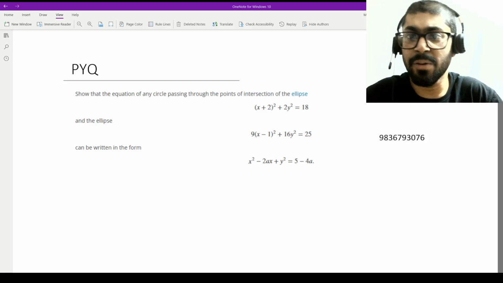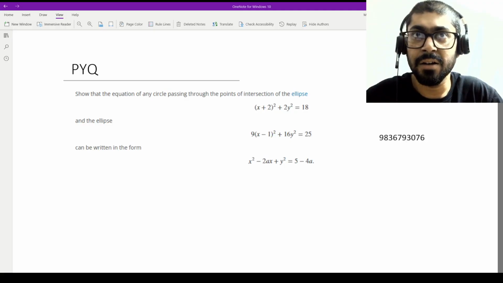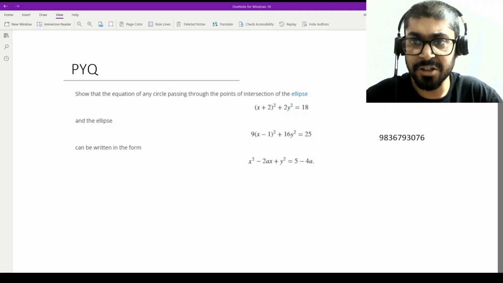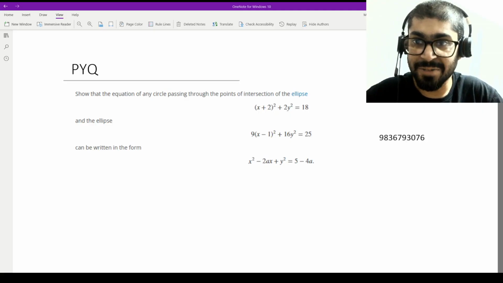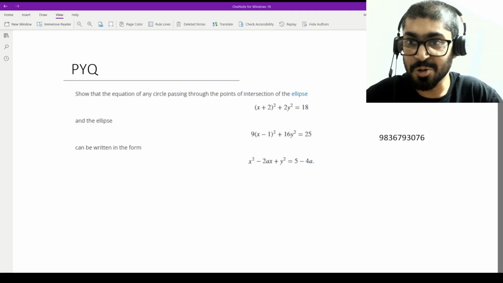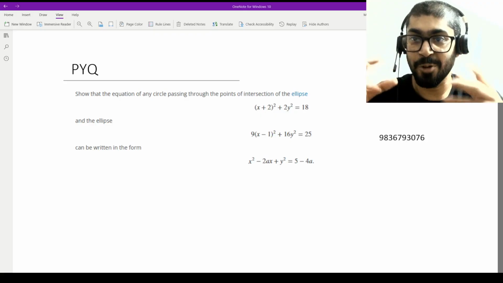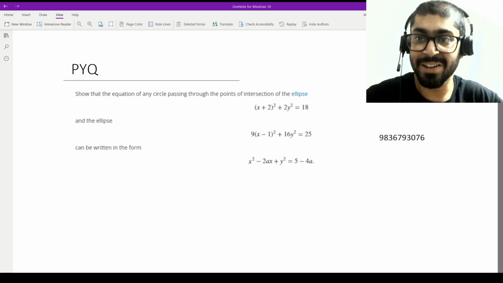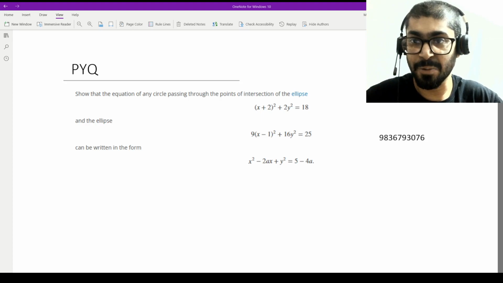Also, some of the questions, especially in coordinate geometry, ask you to draw diagrams. Now, drawing diagrams is easier when you are doing the questions yourself, but if I'm trying to show it to you, I will not be able to show the exact process of drawing the diagrams. I look at the equations, figure some things out on my own and then draw the diagram, so it's nothing that I can teach you.